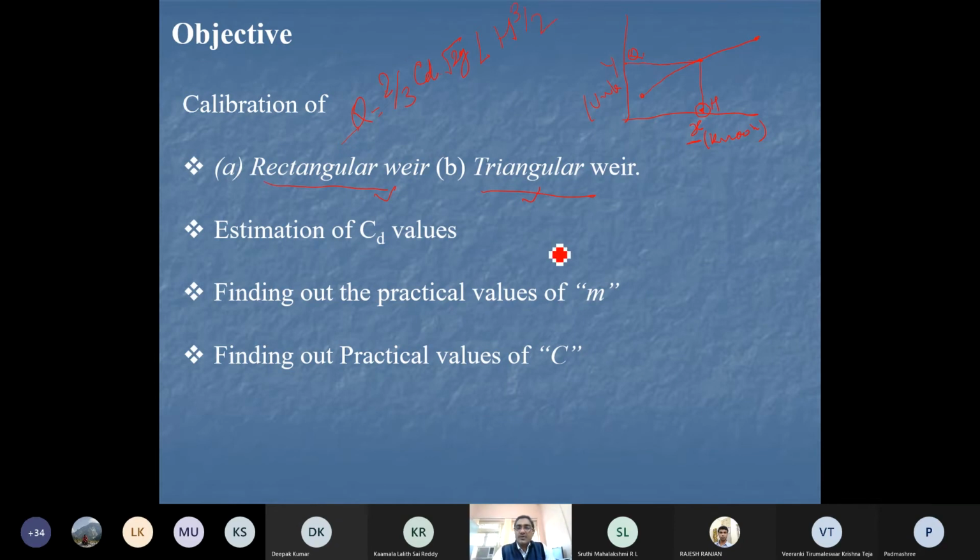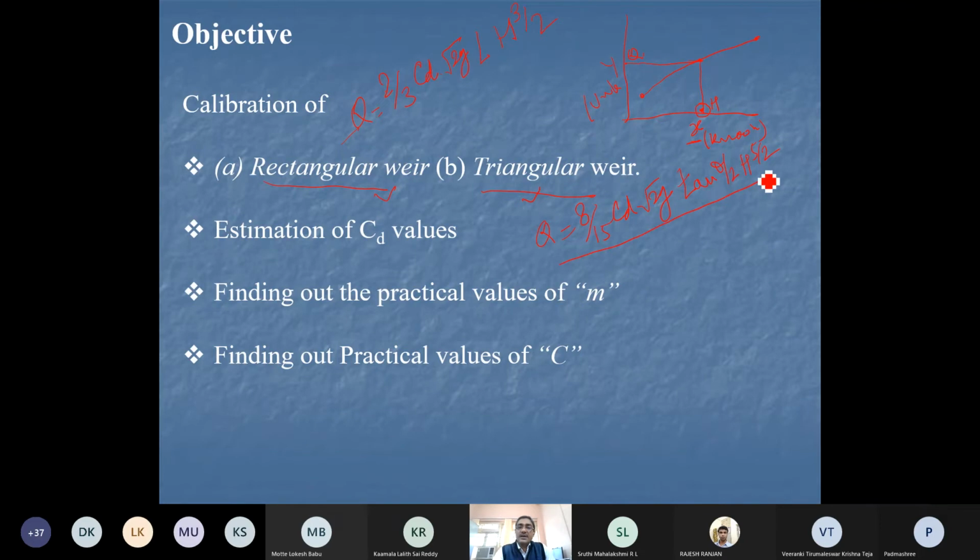And what about triangular notch? Discharge is equal to, we have learned, 8/15 Cd root 2g L or not L? L is there or is it no L? No L, sir. Okay, then tan theta by 2, H to the power 5/2.